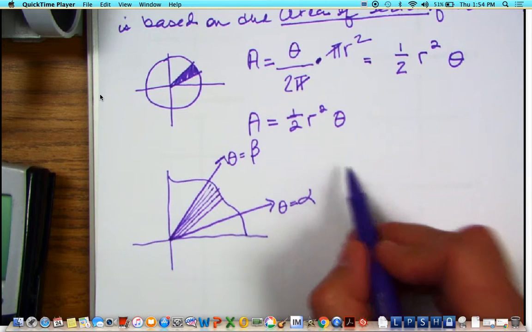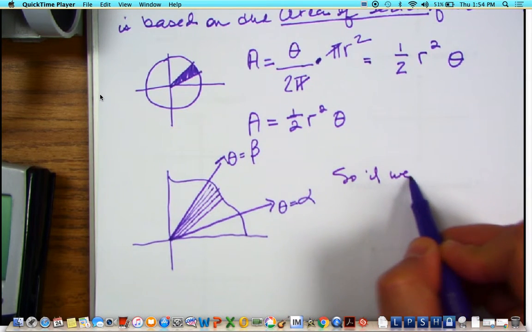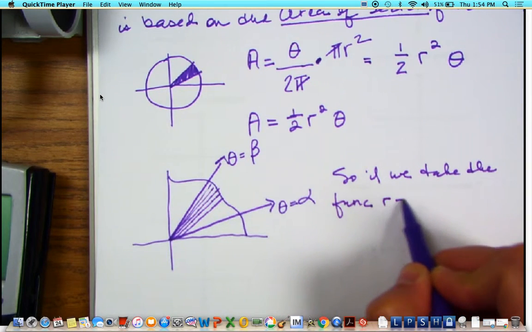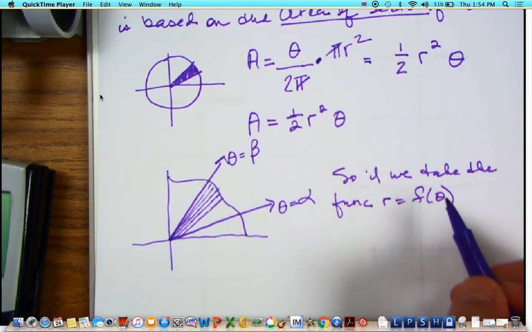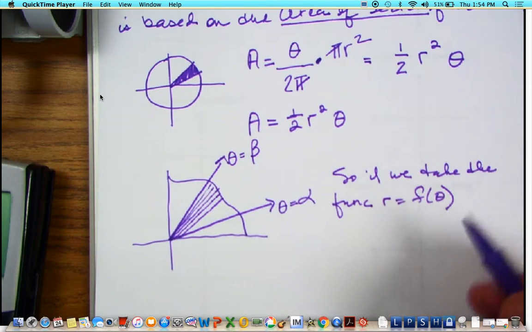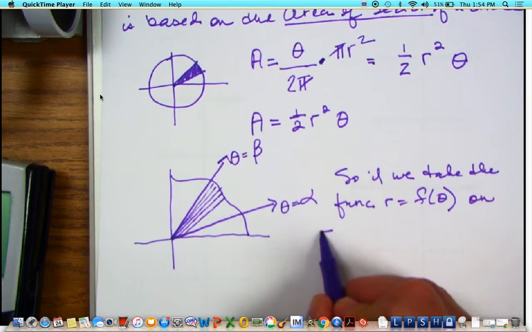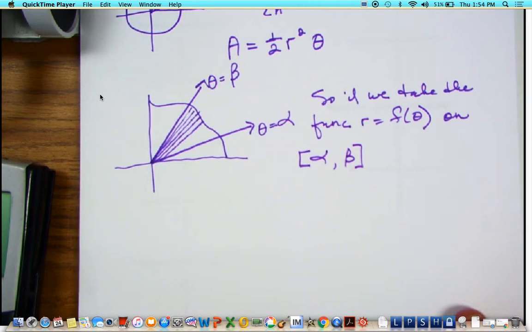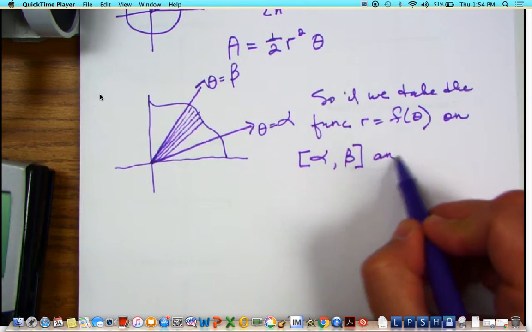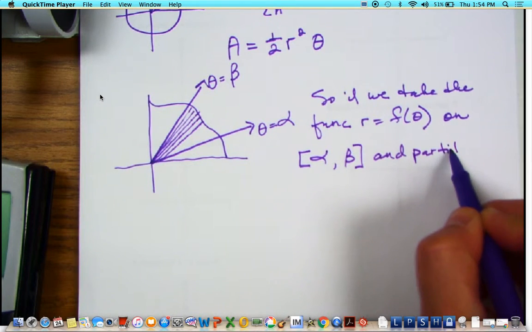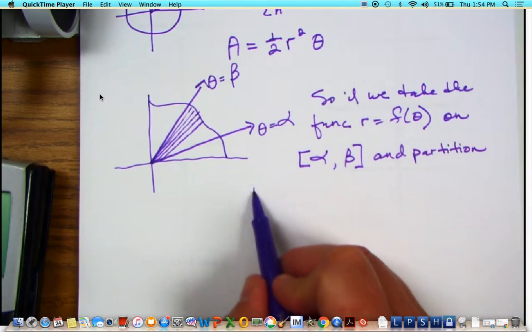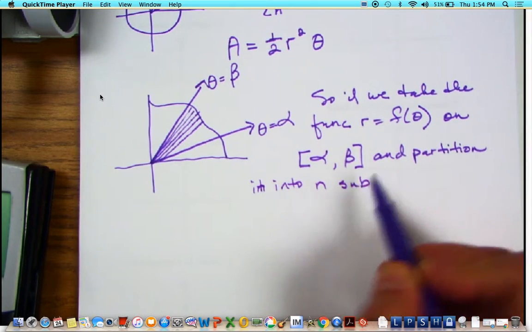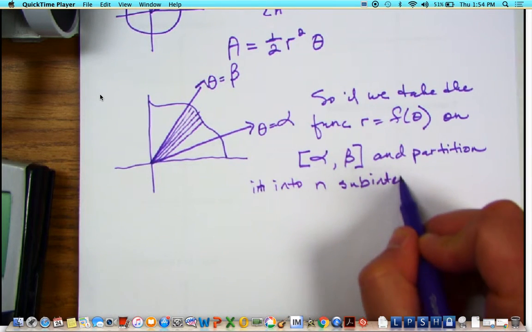Okay. So if we take the function r equals f of theta, on the interval alpha to beta, and partition it into n subintervals, this should be sounding a whole lot like what?